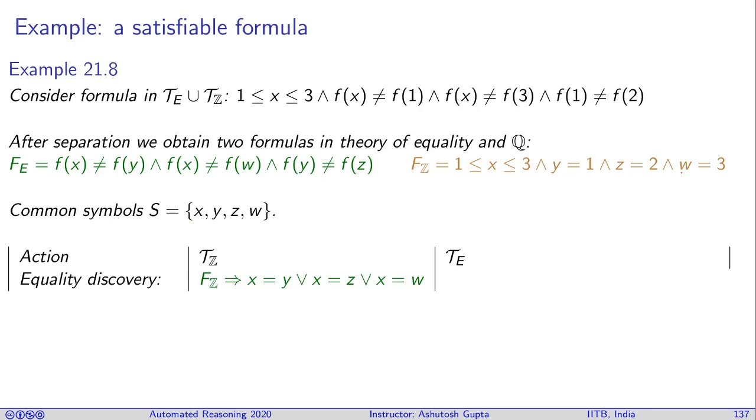So that's what you're going to learn first. I'm going to learn that x can be equal to any of the three. Now we have three case splits. Before that, there is another issue: from this we can also learn that there is distinctness. Basically y, z and w are not equal to each other. There are four variables, and we know that these three are not equal to each other.